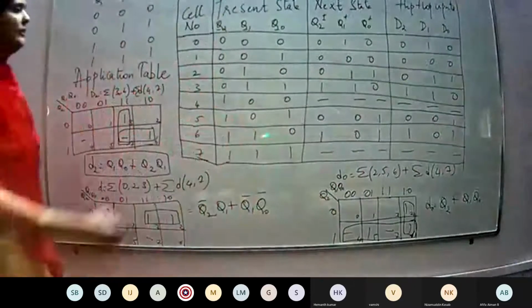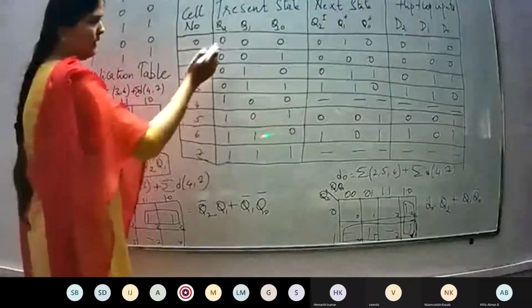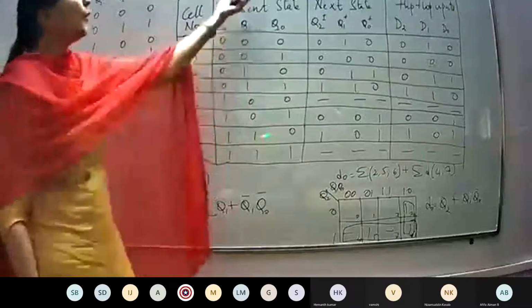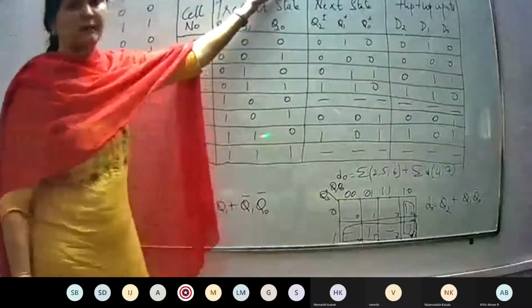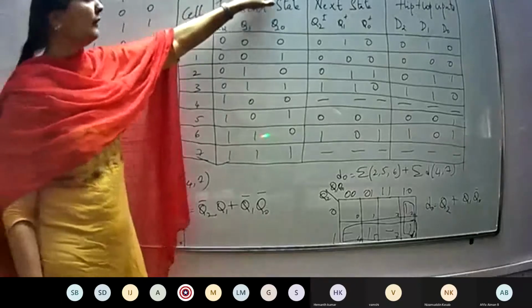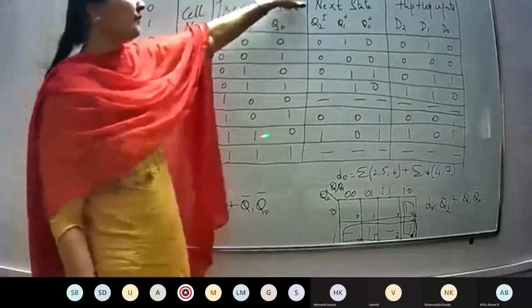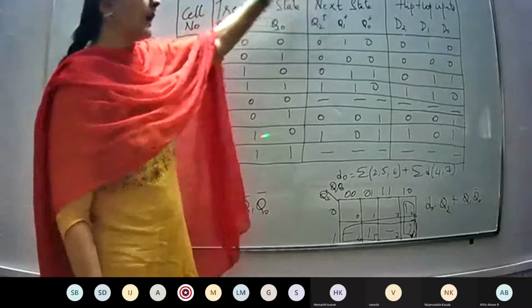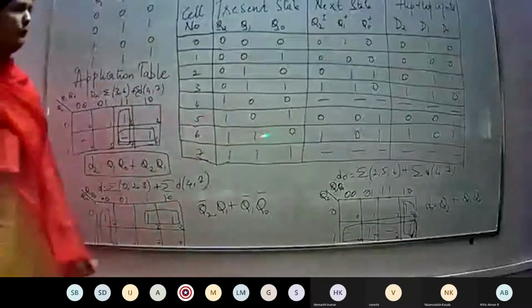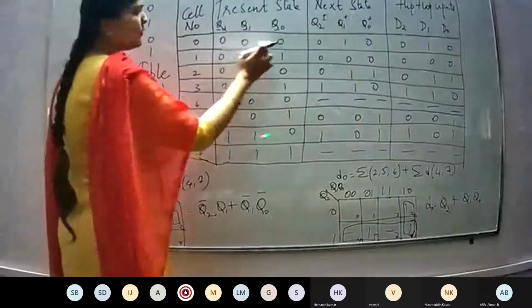So now I'll first write all the combinations, that is from 0 to 7. After writing, what we will do? We want this sequence. So after 0 it should come to 2, after 2 it should come to 3, after 3, 6, after 6, 5, then 1, again back to 0, and it should continue with the same sequence. So this is 0, 0, 0.